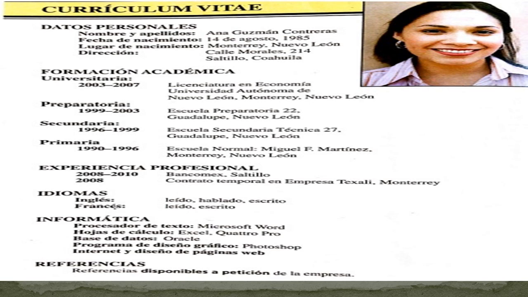¿Cuántos años tiene Ana? So you look at the year when she was born and you make your calculations. She was born in 1985, so she should be 29 years old. So we're going to say that. Ana tiene 29 años. Literally, she has 29 years.